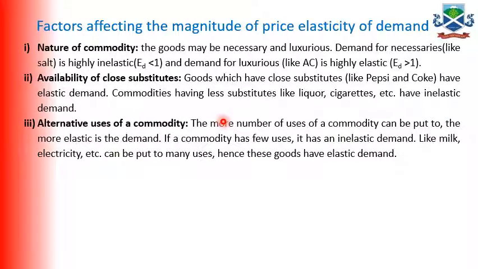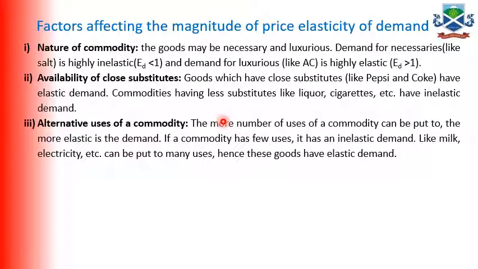In the same way, the alternative uses of the commodity. If the commodity has a larger number of uses, then you will find elastic demand. And if a commodity has few uses, then it is inelastic demand. Milk and electricity, for example, have many uses.